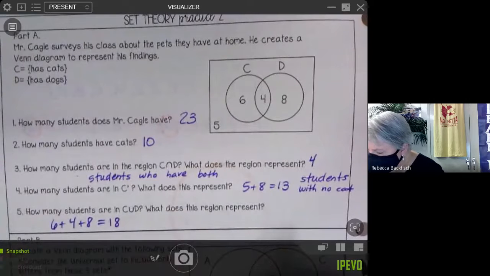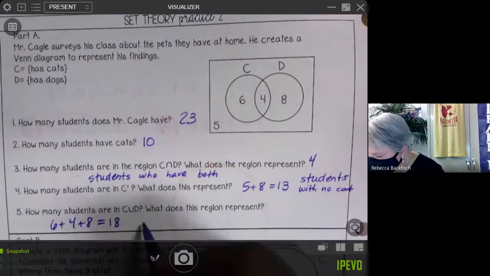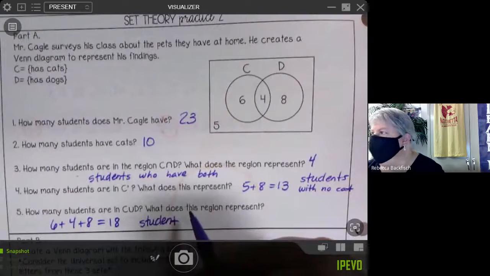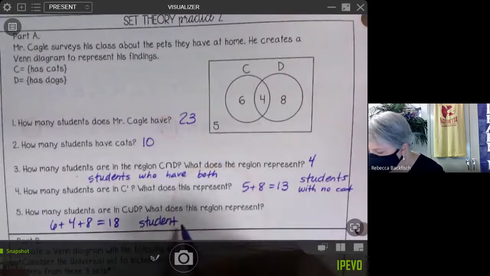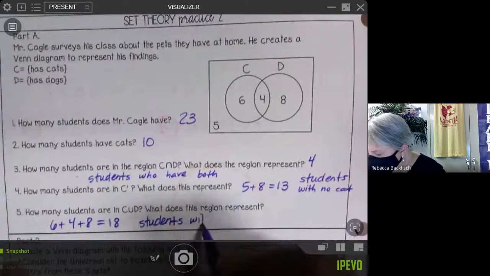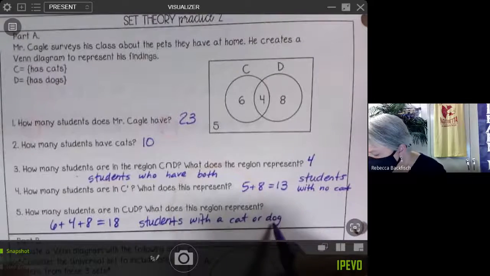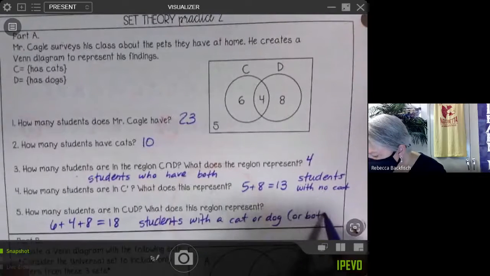What does this region represent? This basically means anybody who has, I was going to say a pet, but you could also just say a cat or a dog because maybe they have fish or something, and that's not asked about. A cat or dog, and that includes or both. It's okay if they have both.